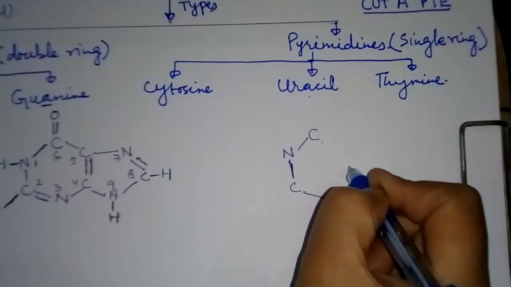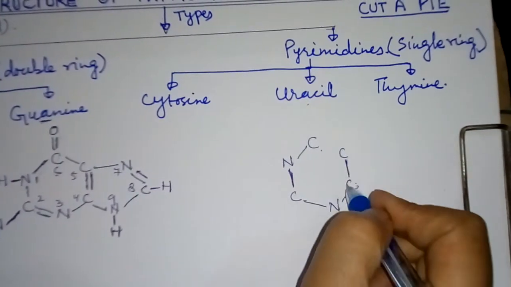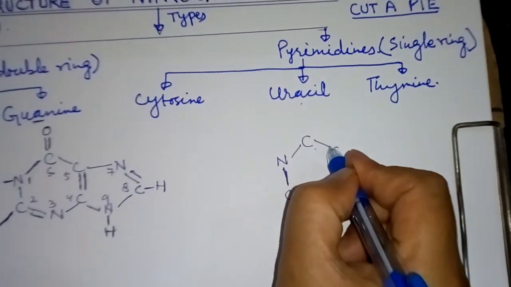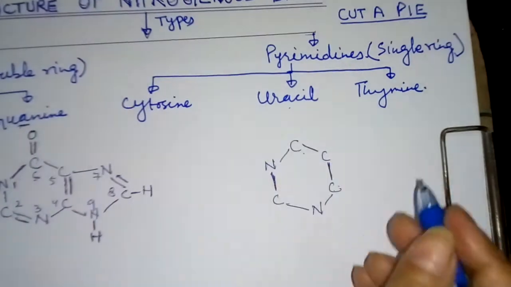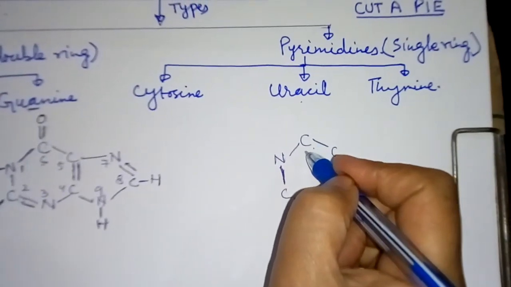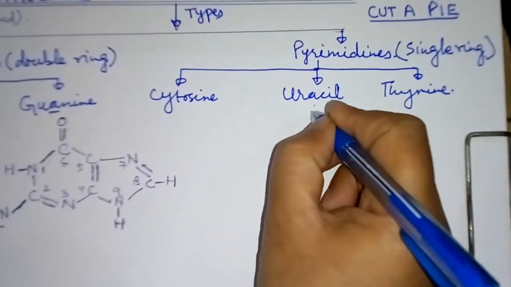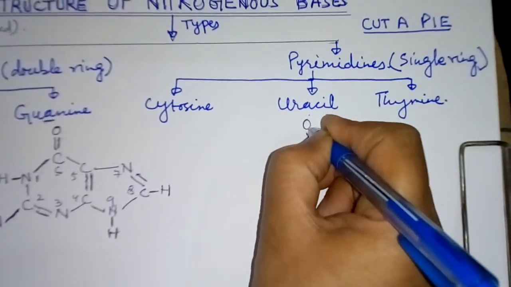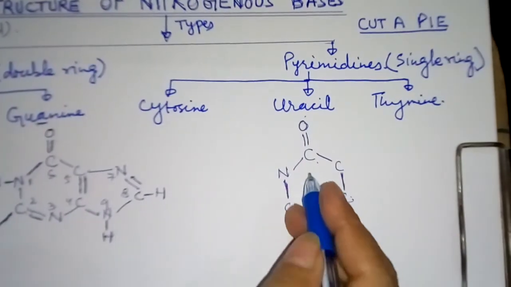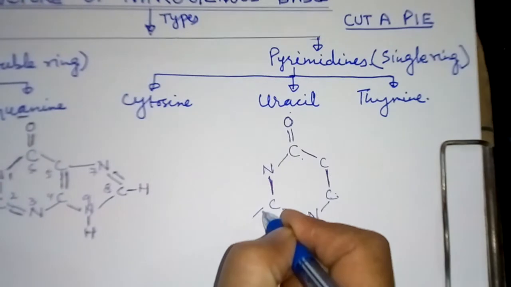As I told you, in the hexagonal structure, this position will always have carbon and carbon. So in this way the structure is completed. Now I told you this is a dioxy structure, and one of the oxygens is present over here at the top, and the other one is present with number 2.